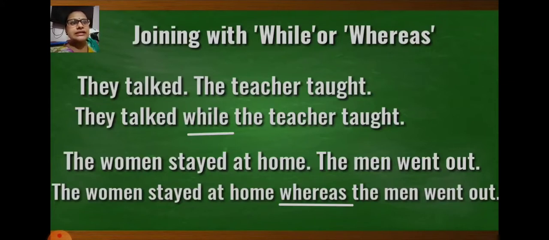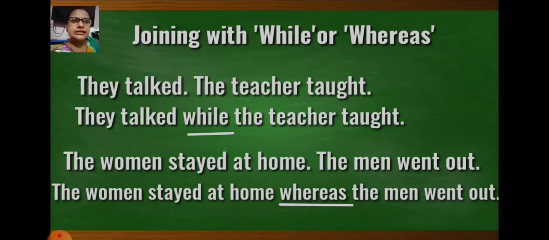Now there are sentences where you can join with the help of while or whereas. They talked, the teacher taught. When two things are going on at the same time, when two things are in process at the same time, you use while. The women stayed at home whereas the men went out.